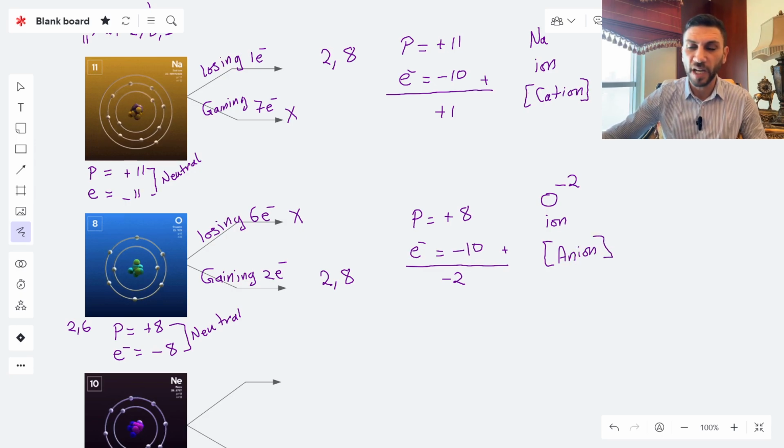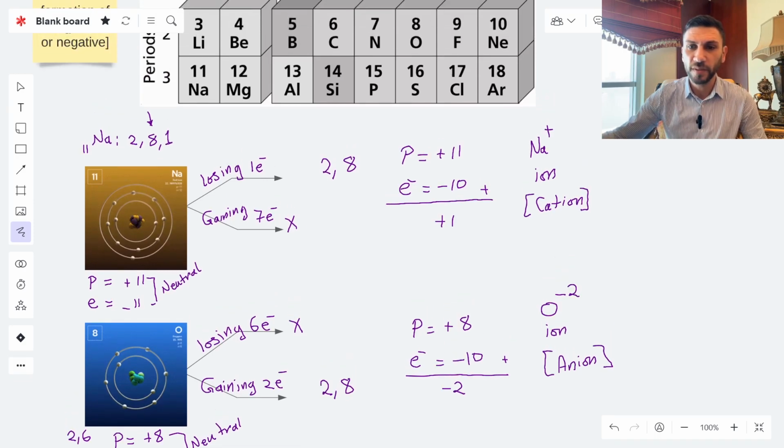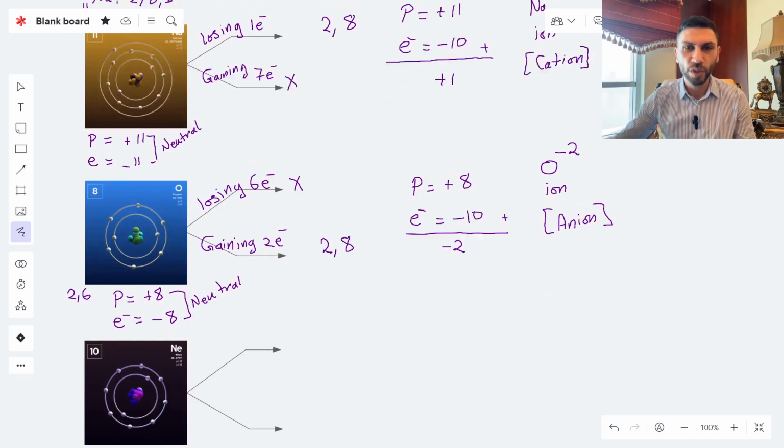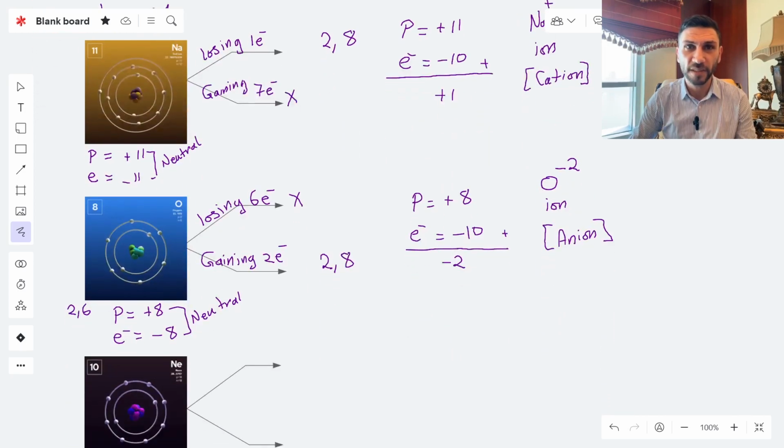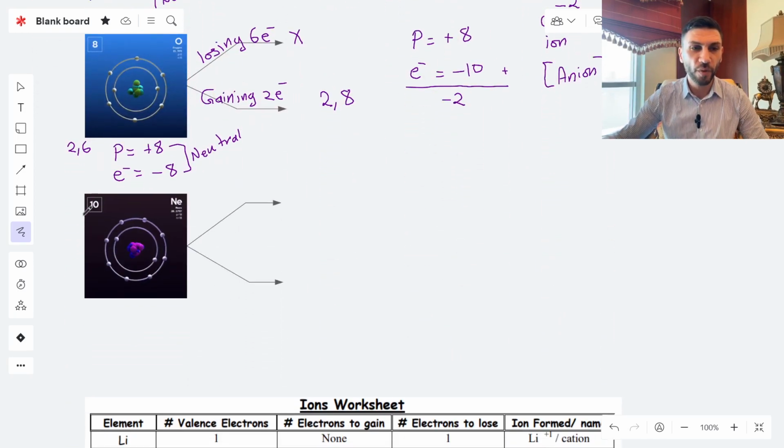Now we have the cation, which is a positive ion, and the anion, which is a negative ion. Let's have the last example, which is the noble gas neon. Neon is a noble gas, and we know that all noble gases are very stable because they have a full outermost shell, or 8 valence electrons. So for neon, we have 8 electrons already.